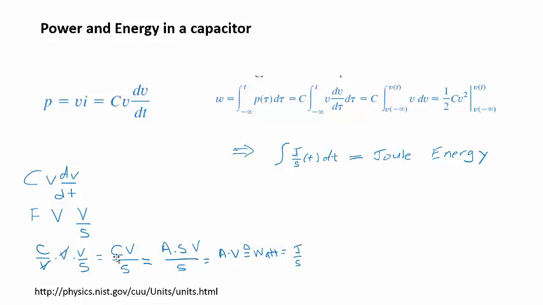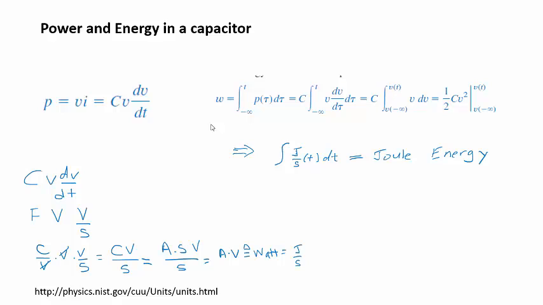A farad is a coulomb per volt, and that leaves coulombs times volts per second. A coulomb is an amp second, times volts per second still, which ends up after some unit cancellations as an amp times a volt.